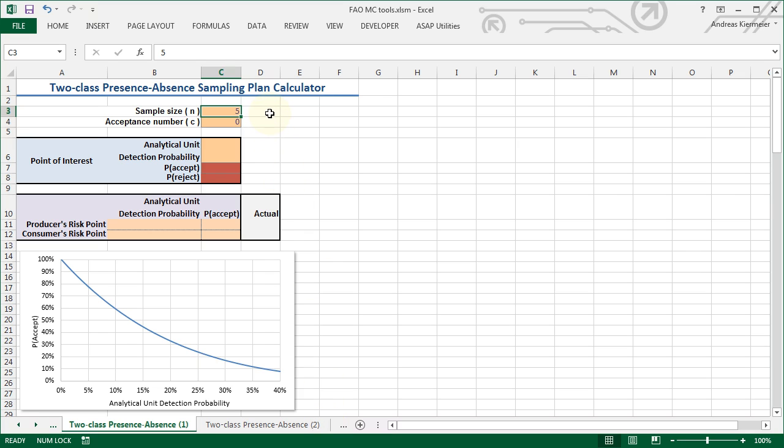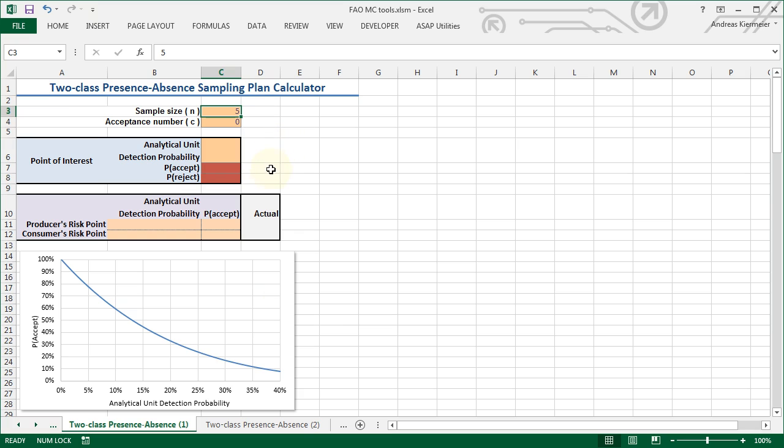Now, there are several areas as part of this calculator that we will have a look at, and as usual, cells that allow user input are shaded in orange. At the top here we have an area for specifying the sampling plan by providing values for the sample size and the acceptance number. The corresponding OC curve is then shown in the graph at the bottom.